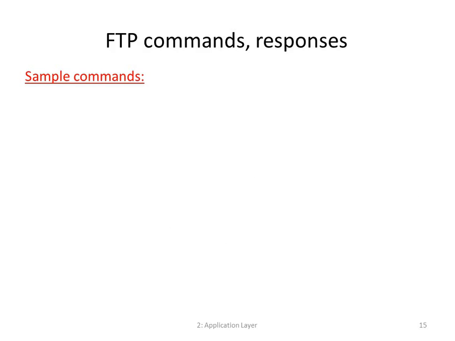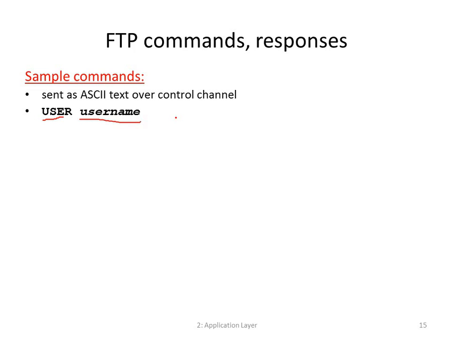These are the simple commands that are used for FTP. They are sent as ASCII text over the control channel. USER is the command, and you have to give the username. Then PASS is the next command, where you give the password.